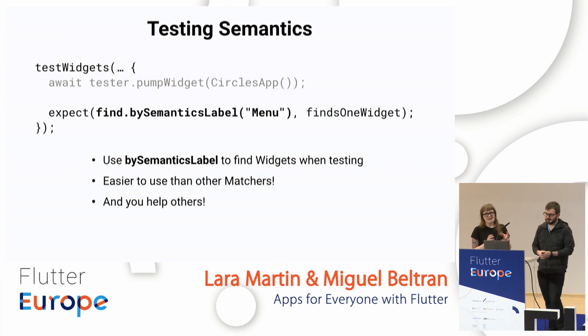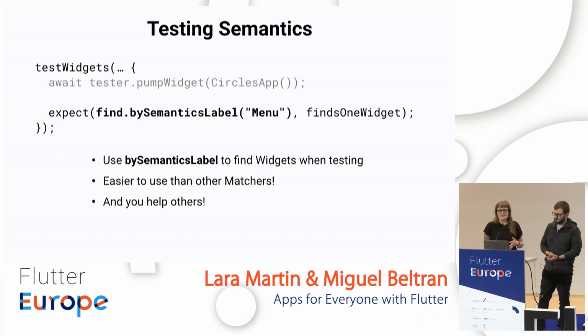Semantics are a powerful tool. You can use them for improving the accessibility in your app, but you can also use them for your widget tests. When you do widget tests, you need a way to find what's being displayed on the screen. With semantics, you can use the label that you define like any other testing matcher to find the widget, by using find by semantics label.